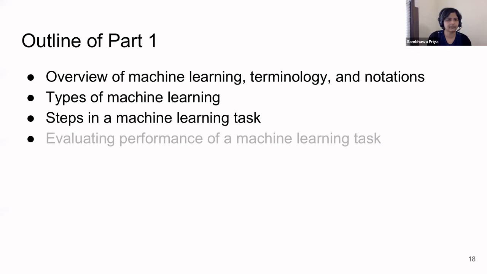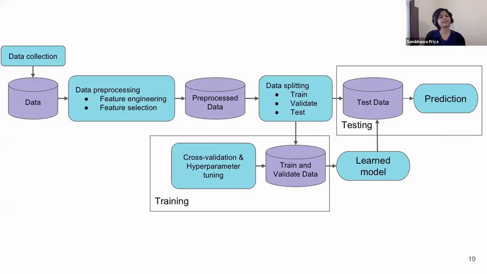So this is the overall pipeline, which looks at the different steps. First, obviously, we begin with data collection. Then we perform data processing, feature engineering, and feature selection. After this pre-processing, we have the cleaned up data, upon which we do the data splitting into train, validation, and test sets, and then we use cross-validation to perform training.